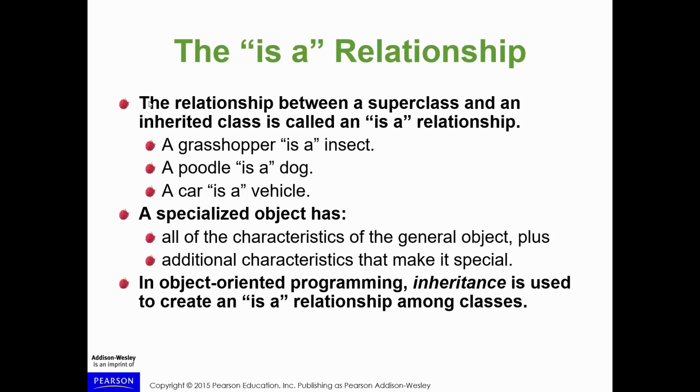And a specialized object, as mentioned there, has all of the characteristics of the more general or parent object, plus any additional characteristics that you have that make it a specialized object.